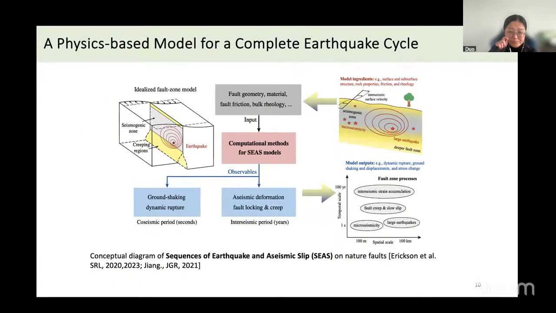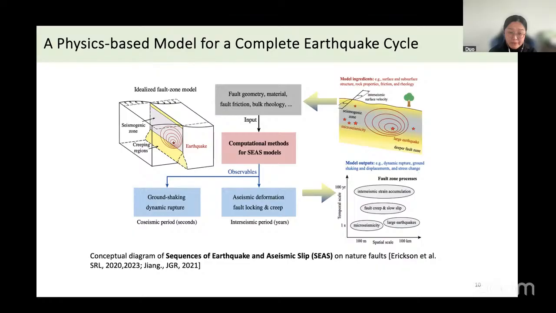It's very important to validate the numerical simulation to make sure that we have calculated the correct physical variable evolution. In order to do that, we have this community-driven benchmark project.